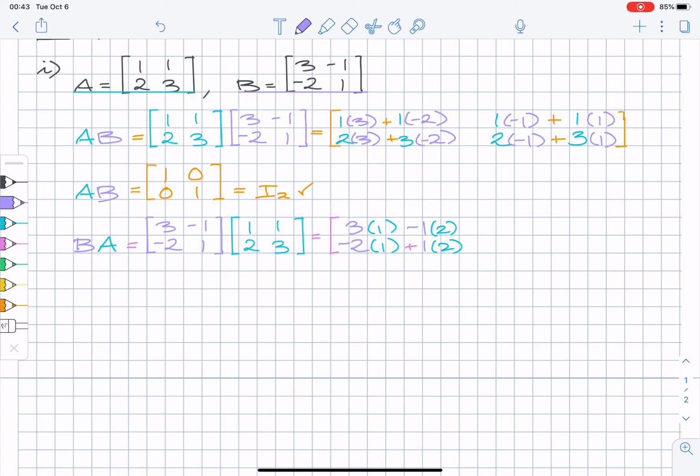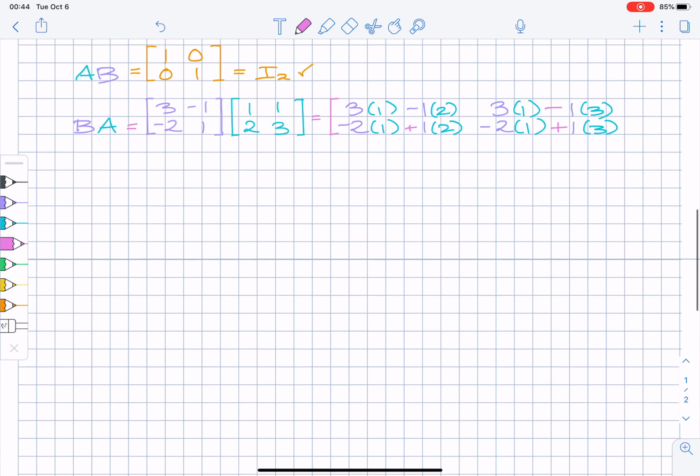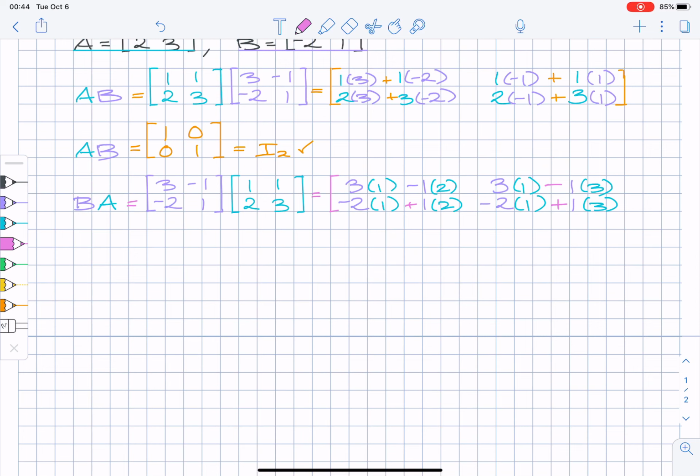Then again, 3, -2 times entry 1, 1. Let's do minus and plus. So the next entries will be -1 and +1. And the final entry there is 3 and 3.